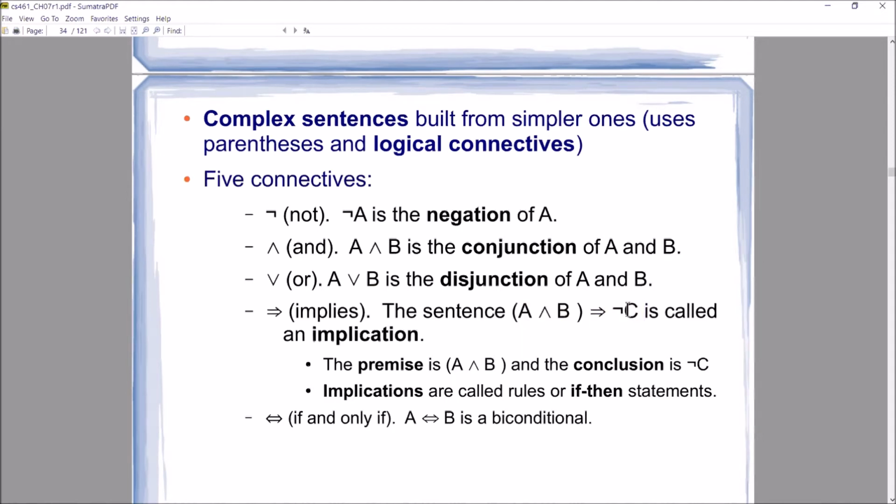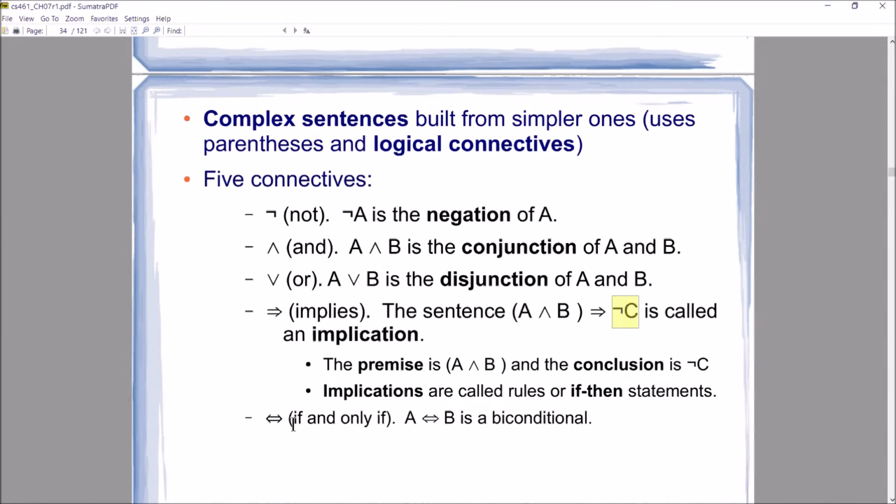A and B implies not C, right? So the premise is A and B, so this first part right here is referred to as the premise, and the not C part here, that's referred to as the conclusion, right? So if you took your philosophy class, a lot of this language is going to be very, very familiar.